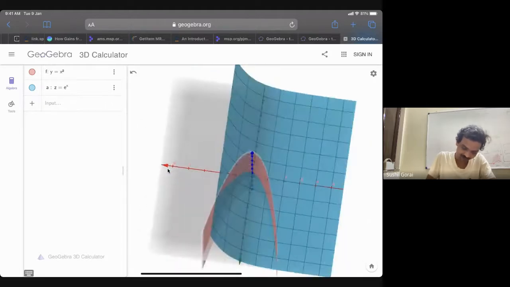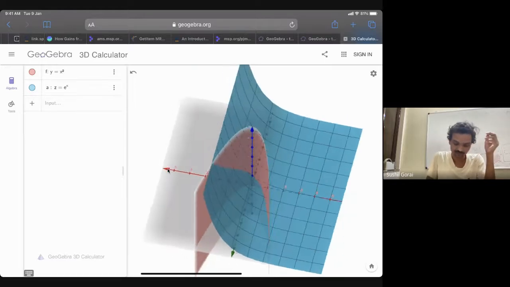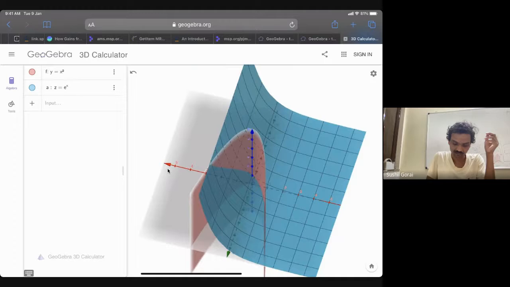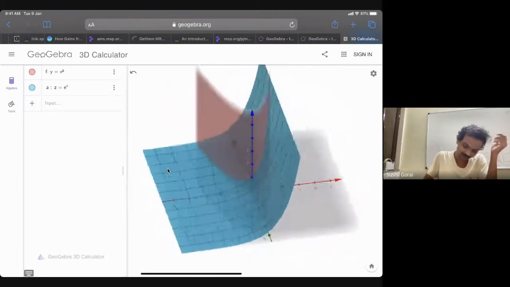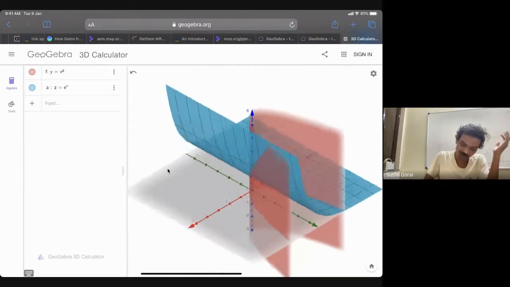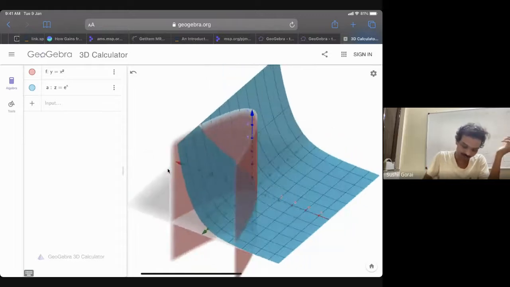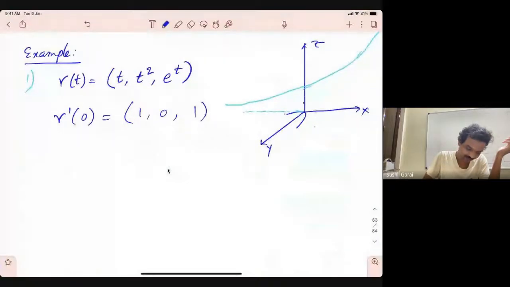Anyway, this looks good, right? Think a little more whether by bending the whole plane we are doing the same thing, intersecting this one and bending that. Okay, anyway, let's go back here.